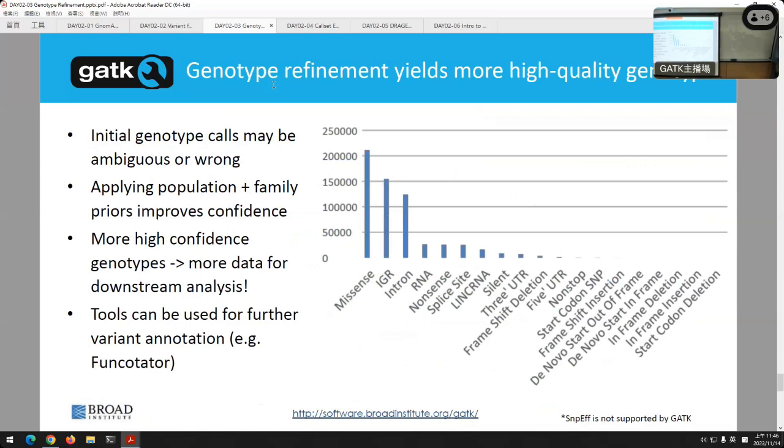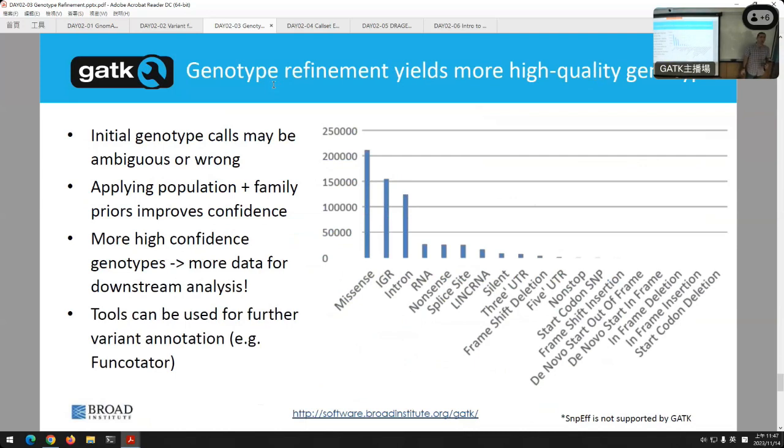This is again back to what Emma was showing with gnomAD, in terms of what you see. With the bad genotypes, before we refine them, there were a lot more things that shouldn't really have been there in terms of non-synonymous mutations that caused differences in the protein. There are a lot more of those than you'd expect to find.